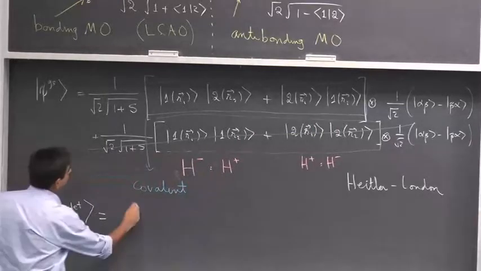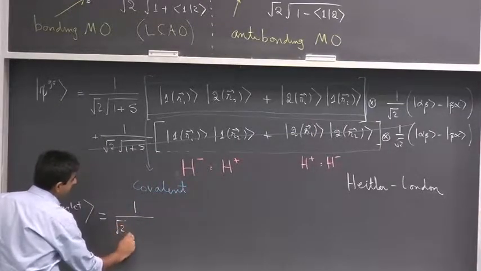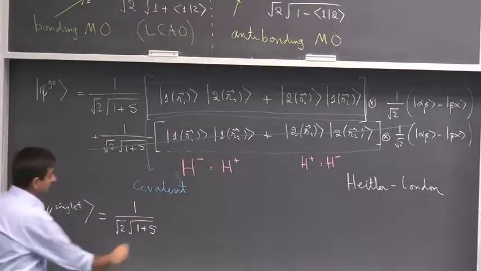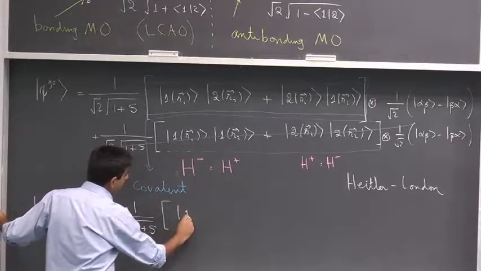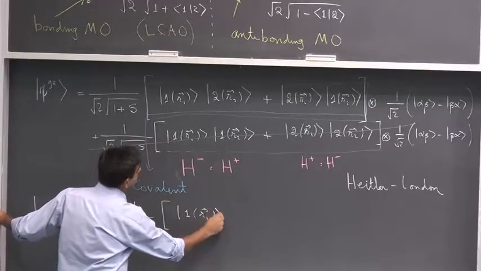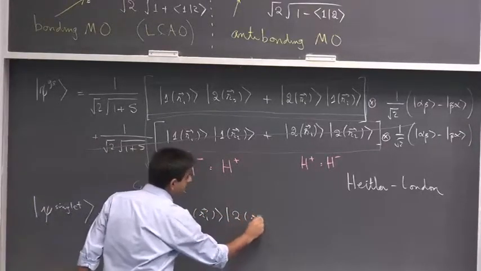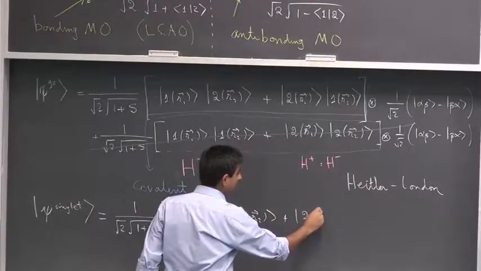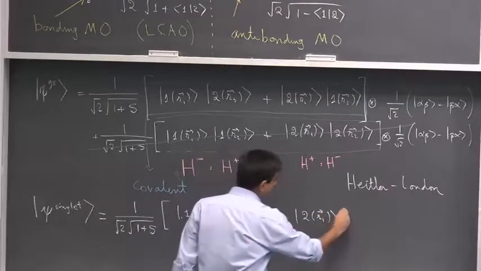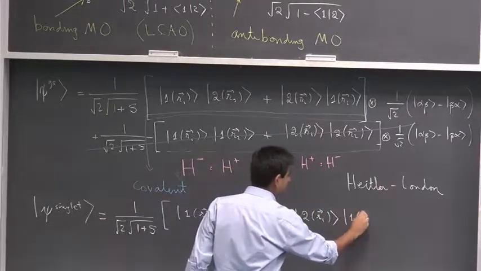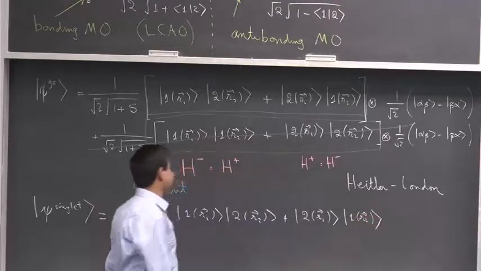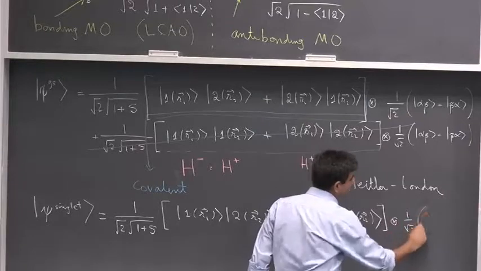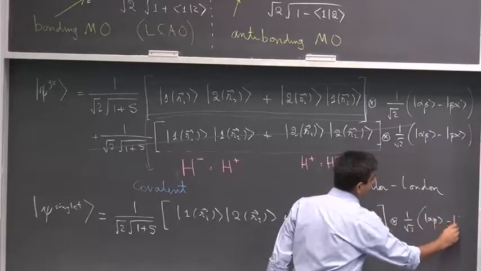So it could be 1 over root 2(1 plus S), ψ1(R1) ψ2(R2) plus ψ2(R1) ψ1(R2), times 1 over root 2, alpha beta minus beta alpha.